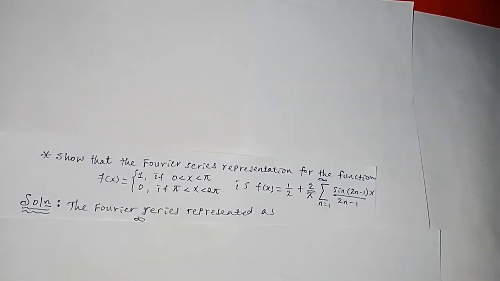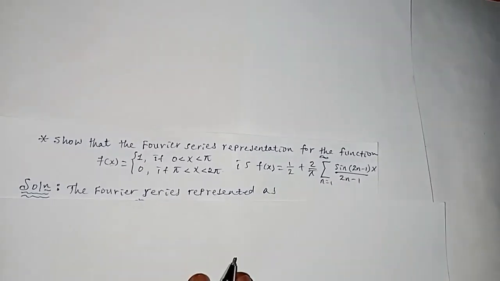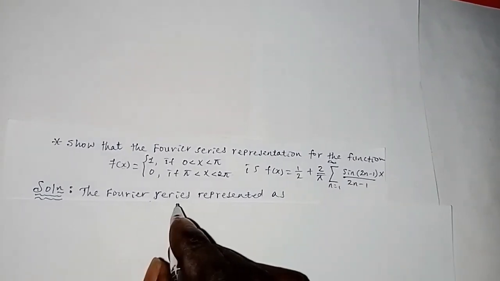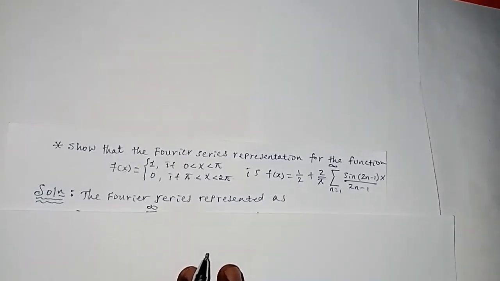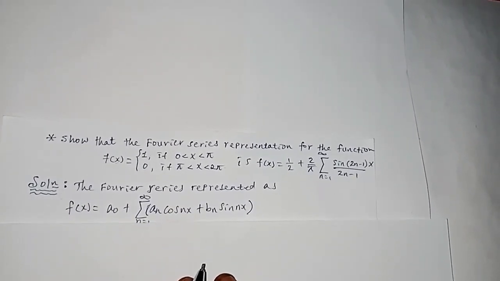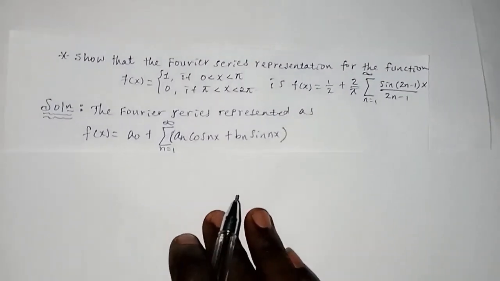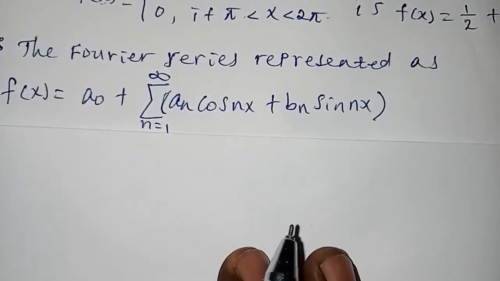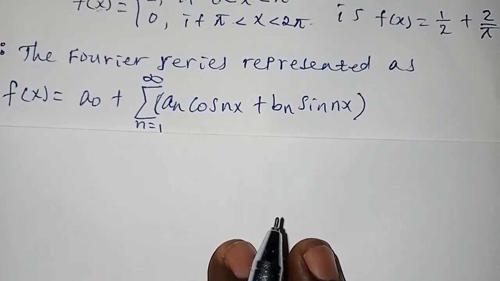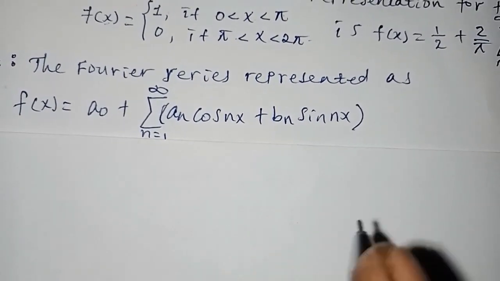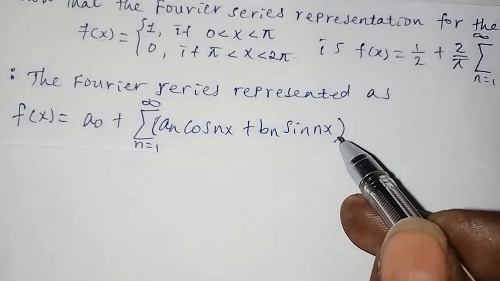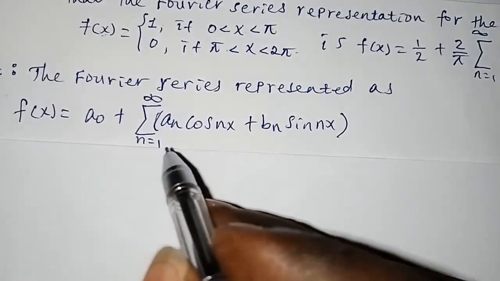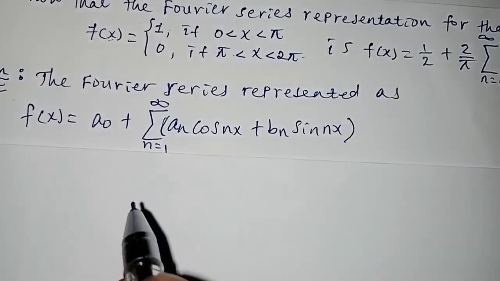Here is the solution. We can use the Fourier series representation f of x is equal to a naught plus the summation of a n cos nx plus b n sine nx, from n equals 1 to infinity.